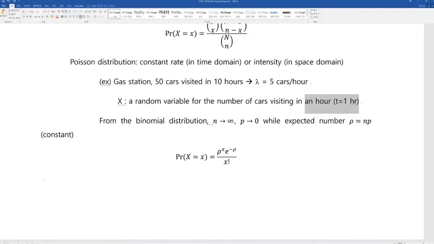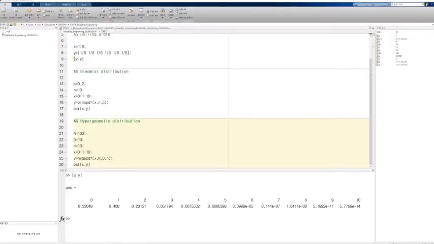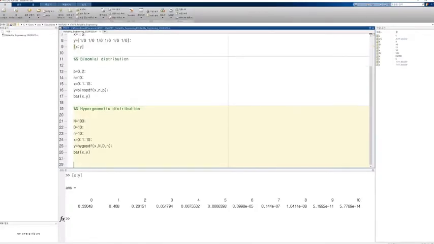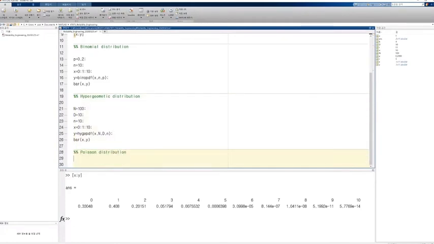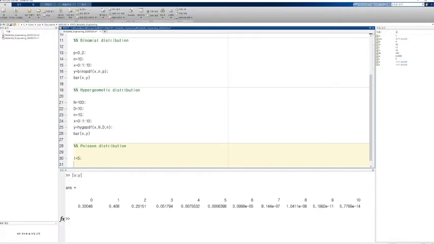So let's go to MATLAB one more time and see another example for Poisson distribution. In this case, lambda is considered as 5 cars per hour. So this is for lambda, and t, let's just say 1 hour.